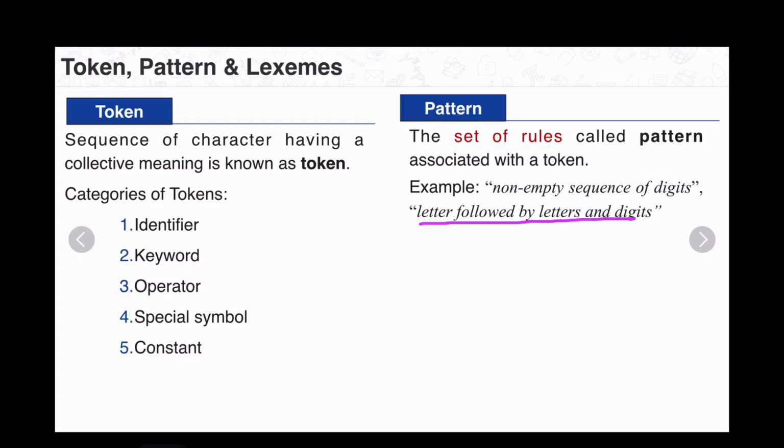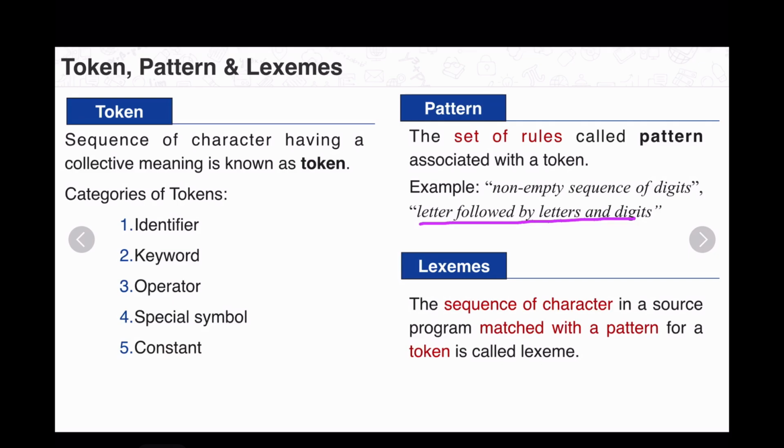you will understand the last term of today's topic, which is lexemes. What is a lexeme? A sequence of characters in a source program that matches the pattern for a token is called a lexeme.